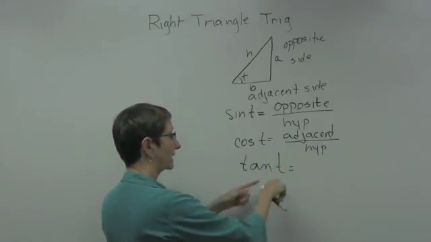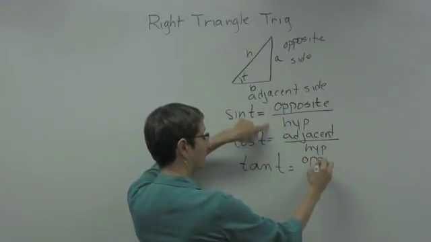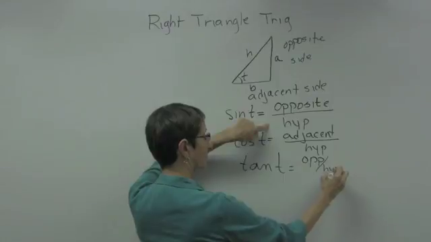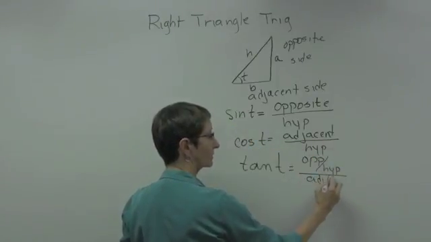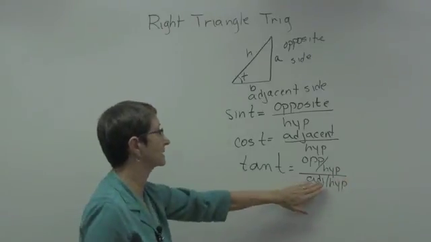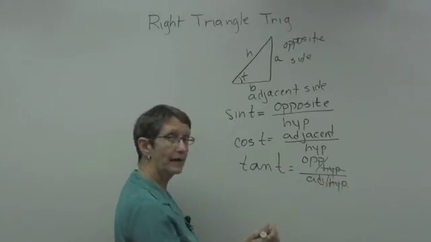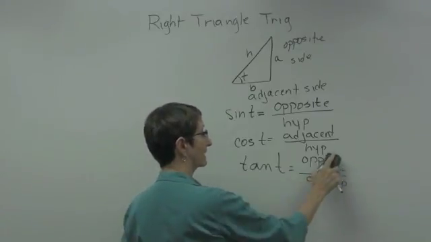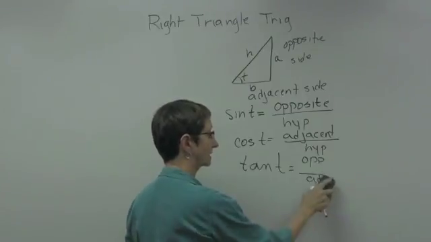So the tangent of T would be the sine, opposite over hypotenuse, divided by the cosine, adjacent over hypotenuse. If you think about taking the denominator, invert and multiply, these denominators go away, so the tangent of the angle is actually opposite over adjacent.